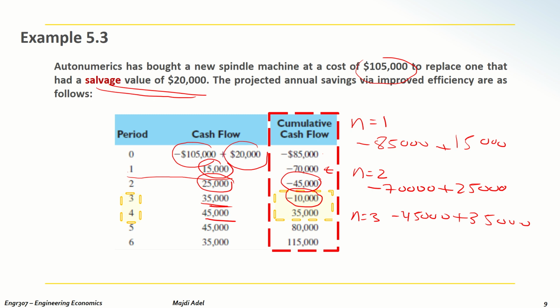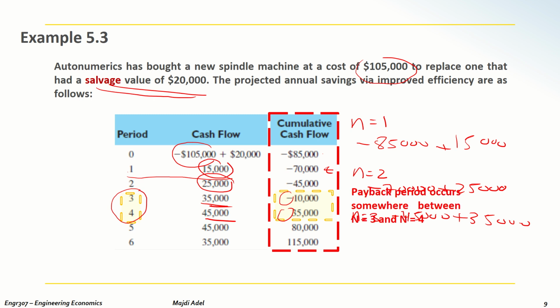When the net cash flow or cumulative cash flow changes its sign from negative to positive, this is where my payback period happens. So the payback period happens between years 3 and 4. The sign of the cumulative cash flow changes between years 3 and 4, so the payback period happens between years 3 and 4.